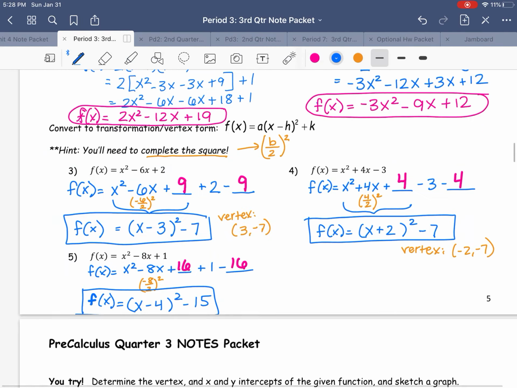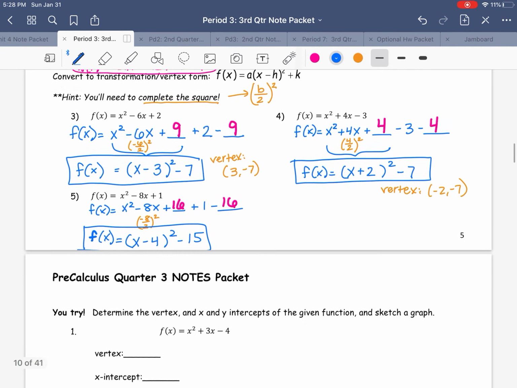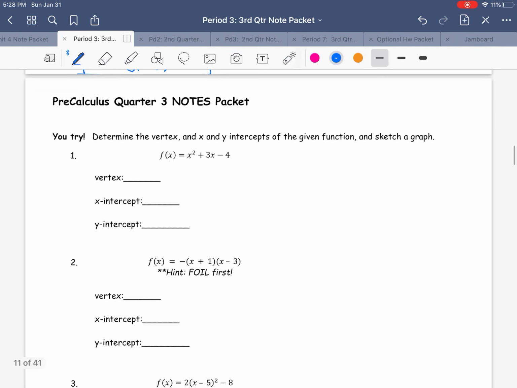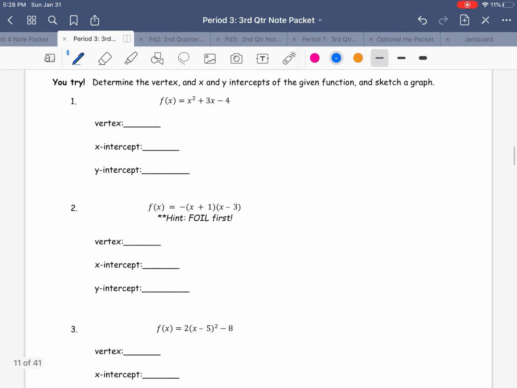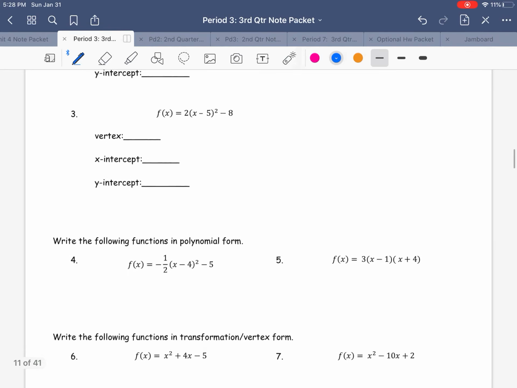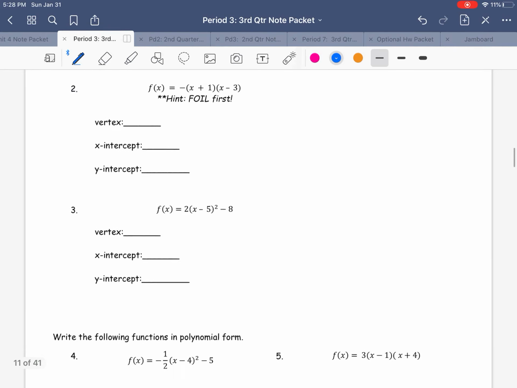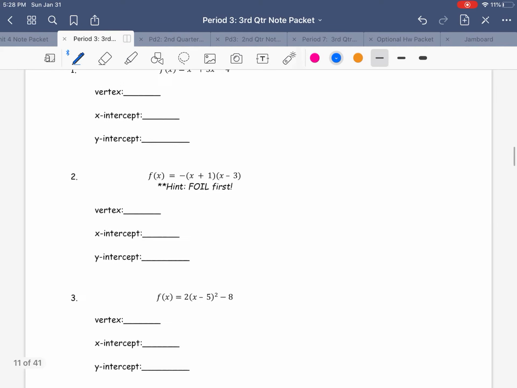Okay, so we just practiced converting both ways. We converted into polynomial form and then we converted into vertex form. All right, there is some practice here, and I would like for you to try these 7 problems. Try them on your own. Follow the steps that we did above. Make sure you're following directions.